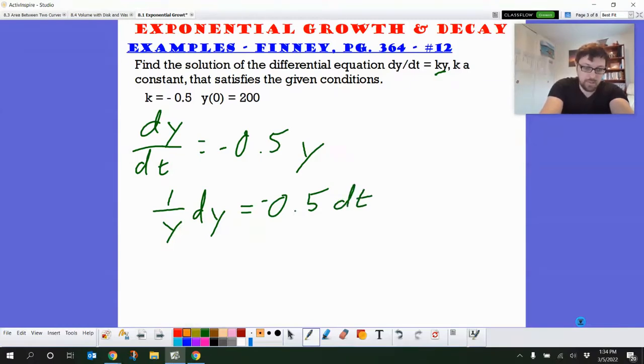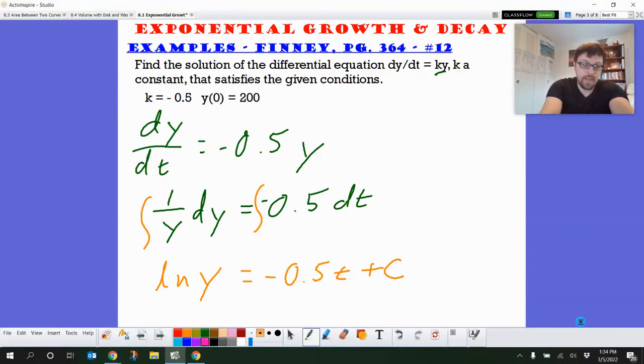Then we integrate both sides. The antiderivative of 1 over y is the ln of y, equals, on the other side, negative 0.5 t plus some C value.